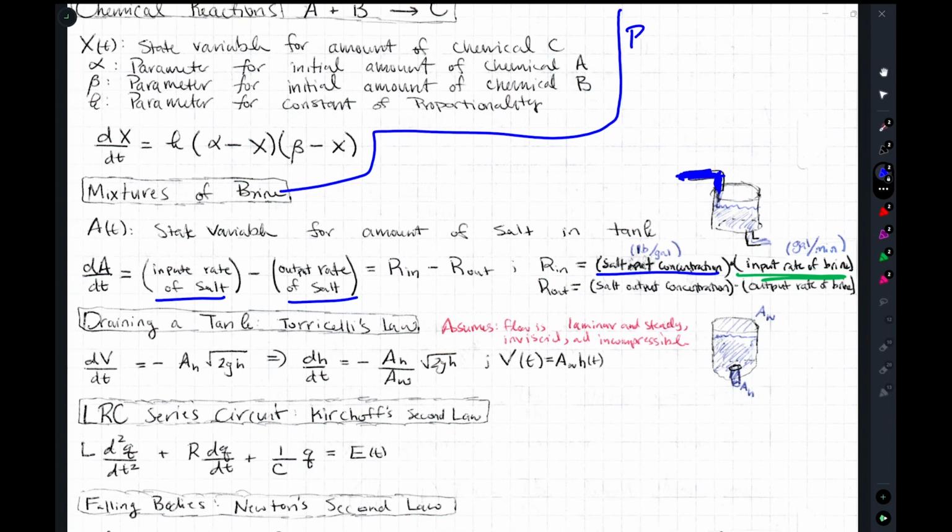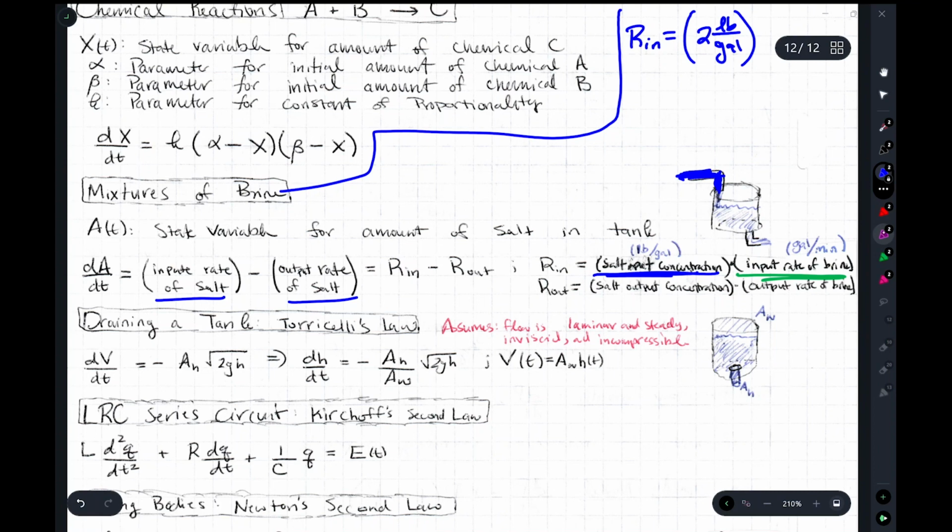And so how do we fix those? Well, we'll have R in is equal to the salt input concentration. Say it's going to be 2 pounds per gallon. So the person who's pumping in this brine tells you, yeah, that's what the brine concentration of salt is.